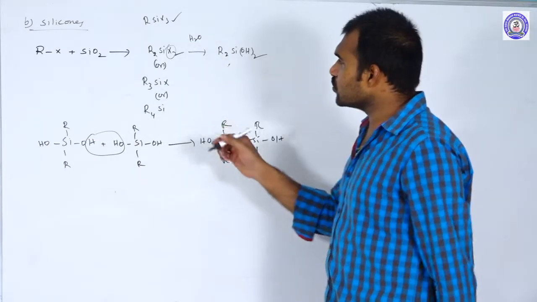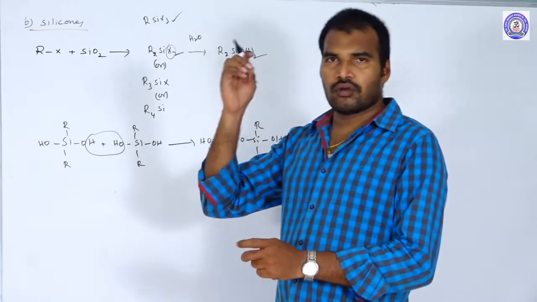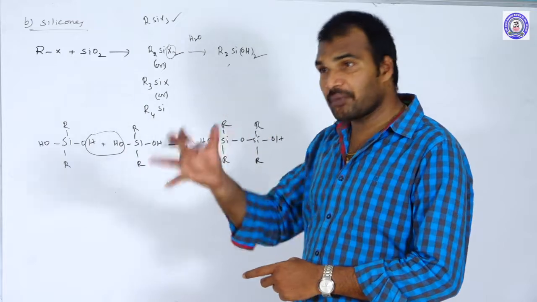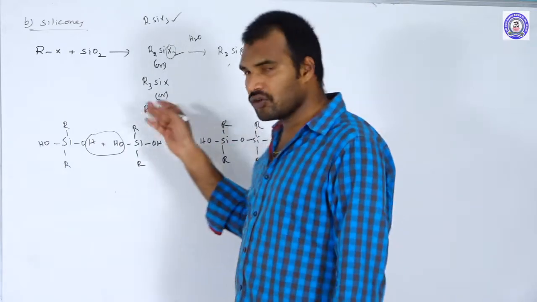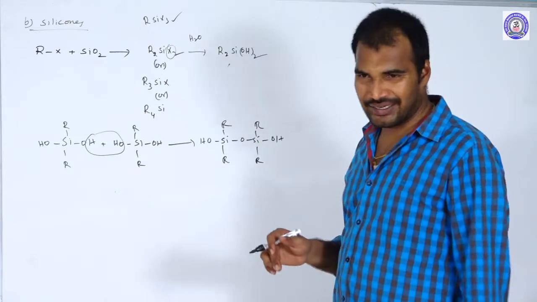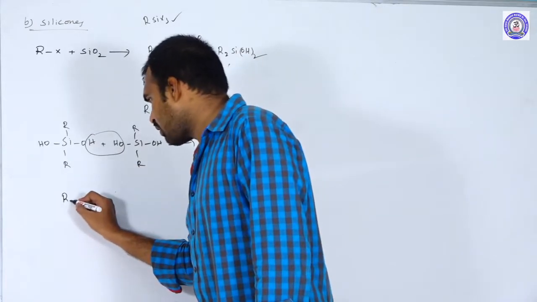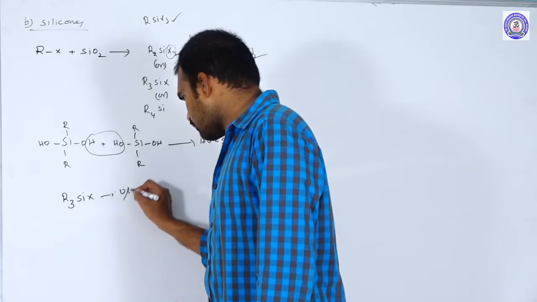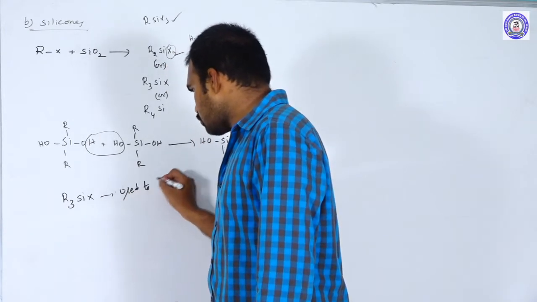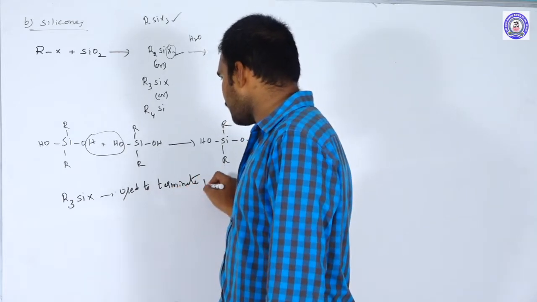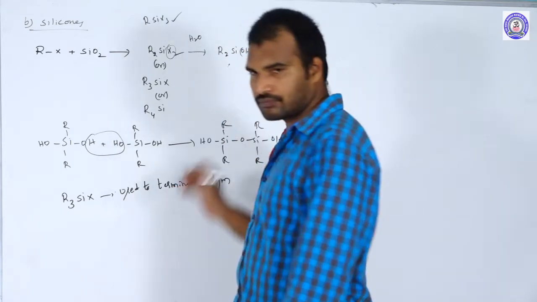Now, what is the use of this? Suppose you want to cap the polymerization. Capping means terminating the polymerization. Then what we do is polymerize with trialkyl silyl halide. Trialkyl silyl halide, R3SiX, is used to terminate polymerization.